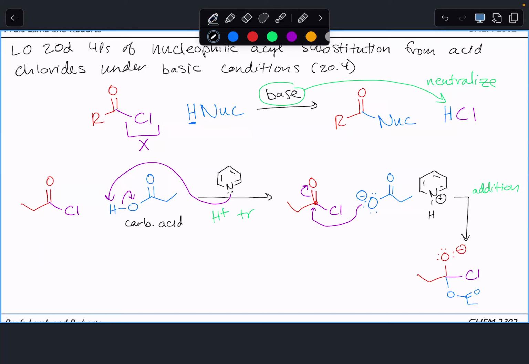We still have our pyridinium counterion. Okay, so we've made our tetrahedral intermediate through addition. Now we need to do our elimination step. Remember, in elimination, we lose our leaving group. So our lone pair pushes down to reform the carbonyl. Leaving group leaves.